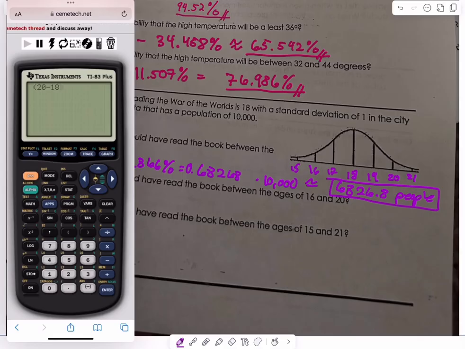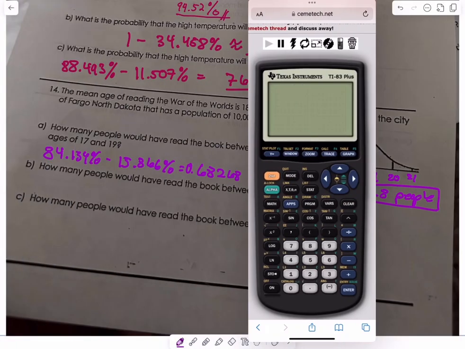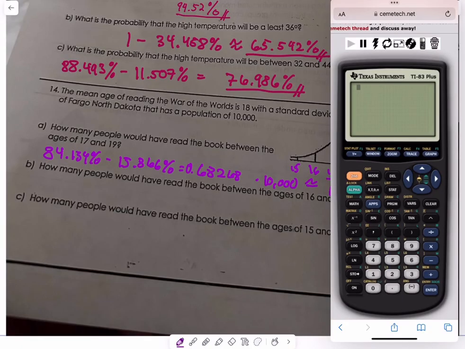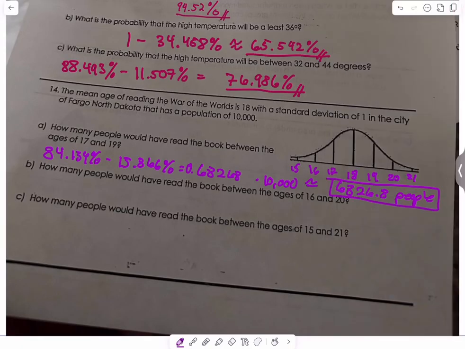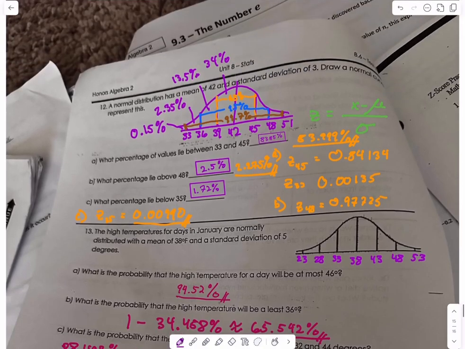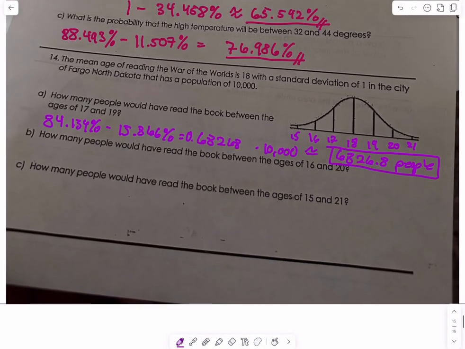Actually, we can use the standard deviations. Between 17 and 19 should be 68% of the population, which is about what we got. Between 16 and 20, that's plus or minus 2 standard deviations.